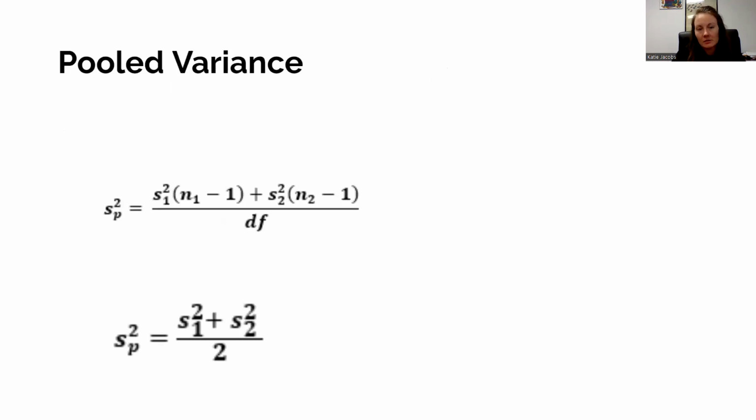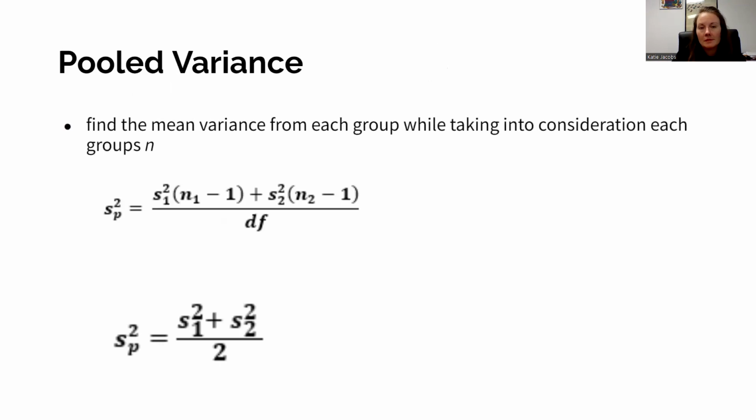All right, so something that we need to learn about is called pooled variance, okay? If our sample sizes are different, that's going to make our formula a little bit more complicated. If groups have different sample sizes, so if group 1 has like 10 participants and group 2 has 9 participants, you actually have to do something called pooled variance.